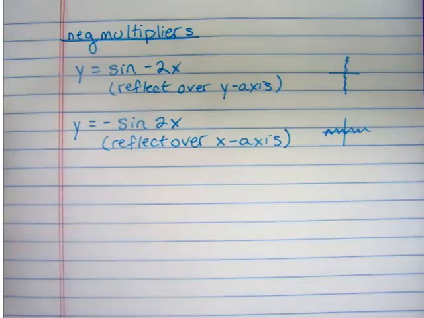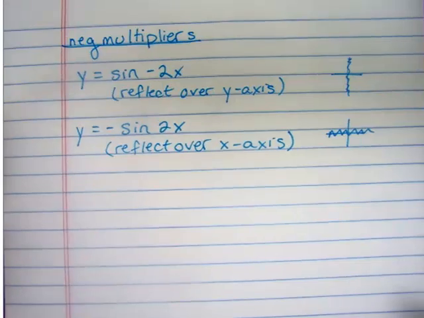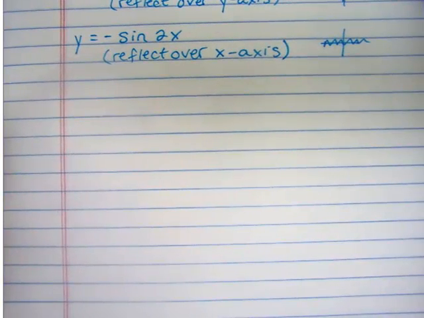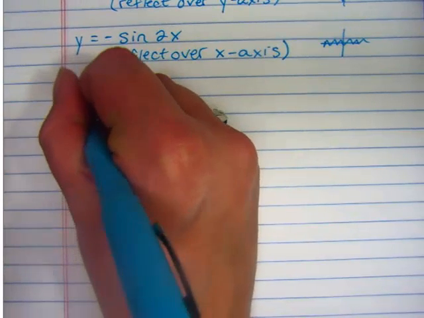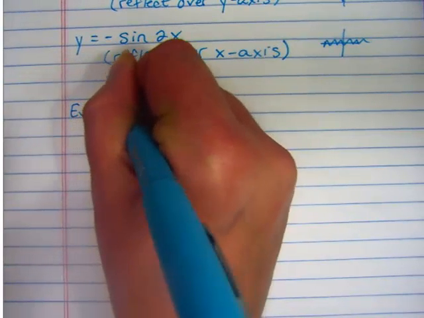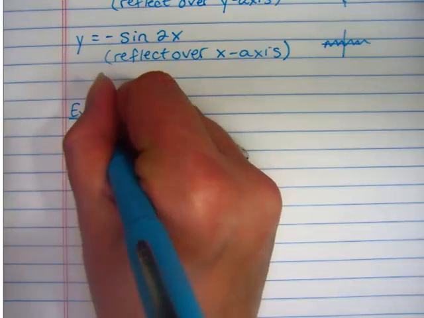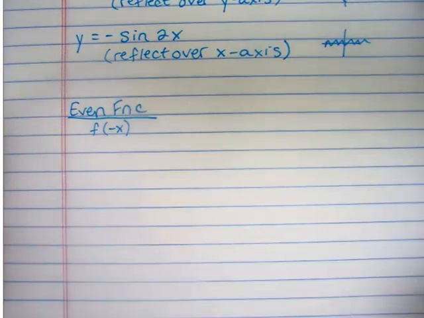The last part that we're going to look at is what are called even and odd functions. You'll see this in more than just trigonometry. However, this is a nice place to kind of introduce even and odd functions. If we have an even function, it looks like the following: f of negative x.